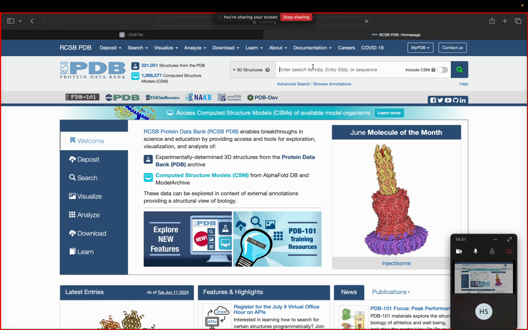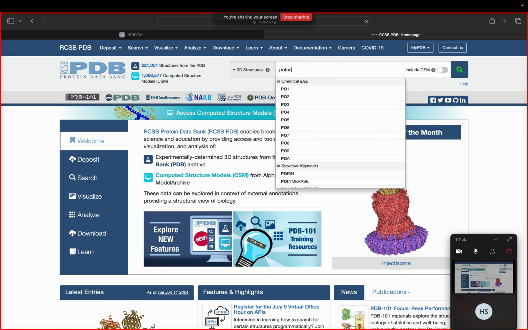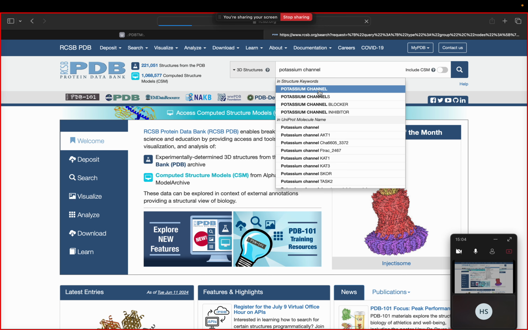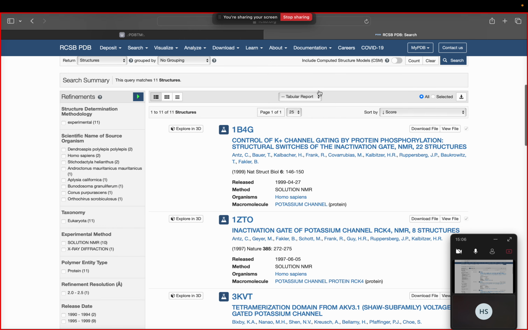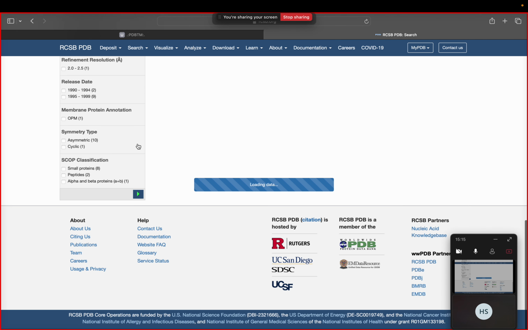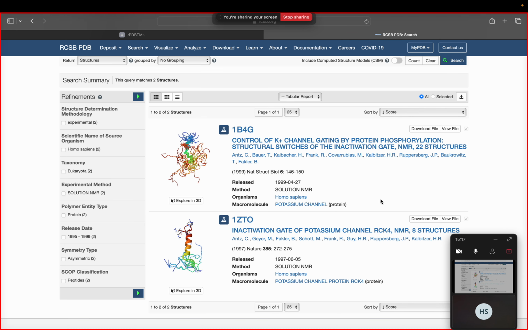Let's say if we have a potassium channel, right? So it's a channel at the end of the day. A channel indicates that it will be a transmembrane protein, right? It's a transmembrane channel at the end of it. Let's see this.